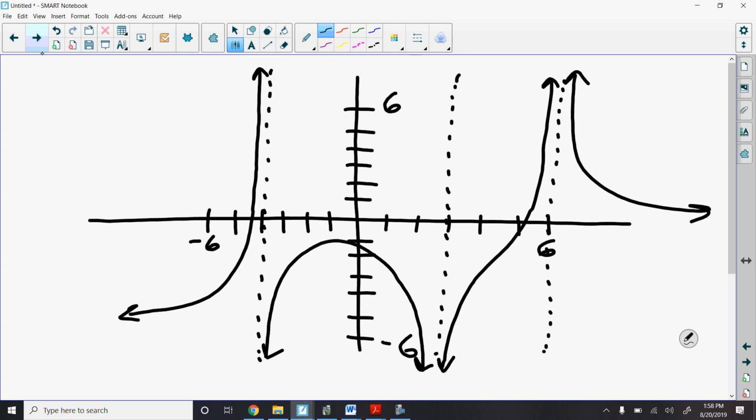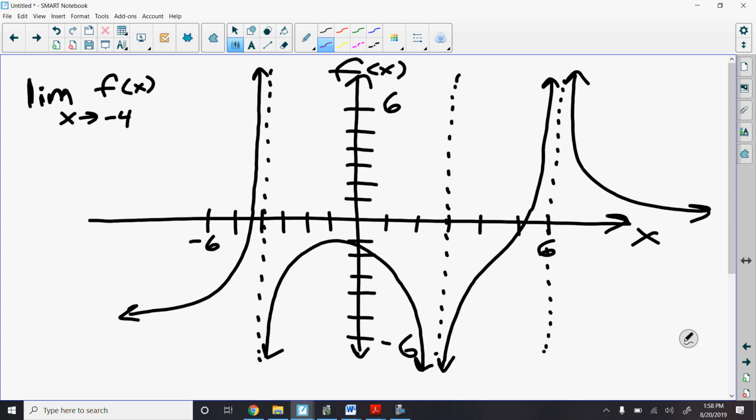My first question is, what do you think the limit is as x approaches -4? We'll label this graph as f of x.